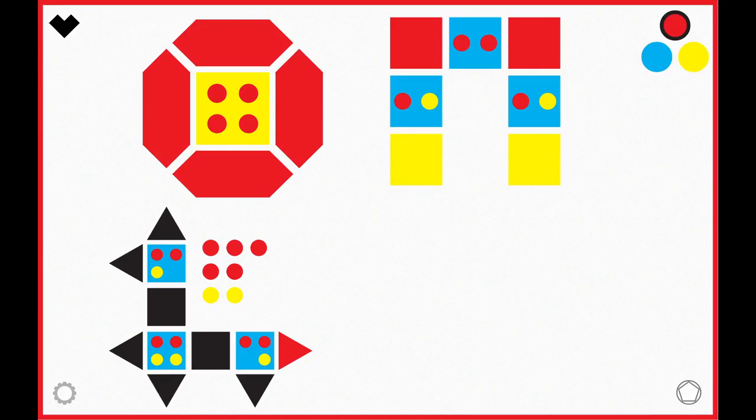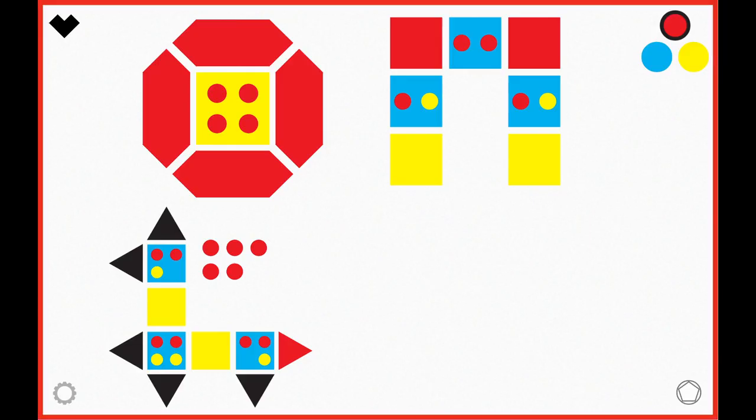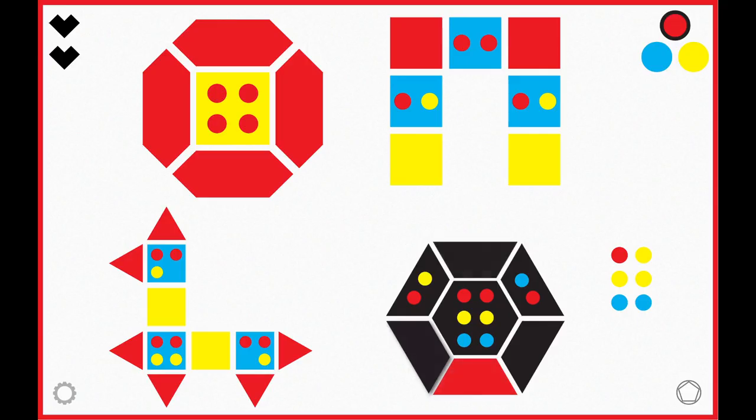Okay. But we know that has to be yellow now. Oh, no, it couldn't be because there's only so many yellows. I see. Because now I only have 1 more yellow, so this has to be yellow to fulfill both of those requirements, which means that the rest of these are red. Okie dokie.